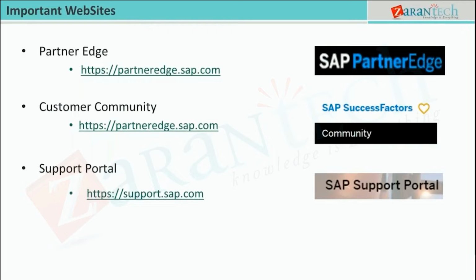One is called the SAP Partner Edge, which is a place where you can get access to various SuccessFactors documentation, the standard implementation guides, administrator guides, and the project kickoff templates. And the last but not least, the very important thing is the workbooks. Every time you go for an implementation to a customer, it is recommended to download the latest workbook from the Partner Edge and fill that workbook in front of the customer.